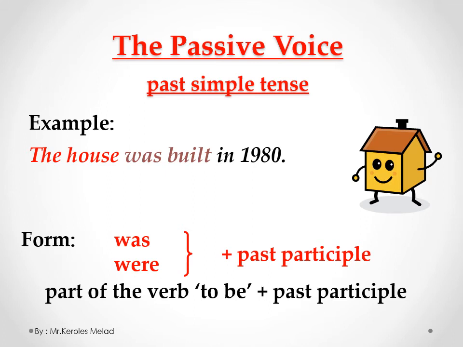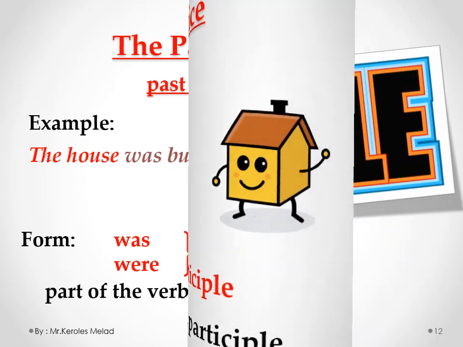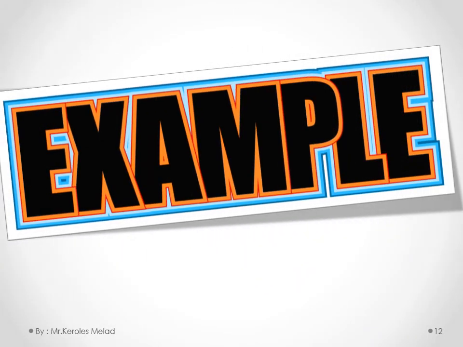Look at this example: The house was built in 1980. So as a form we will use was and were plus the past participle, part of the verb to be plus the past participle. Look at these examples.